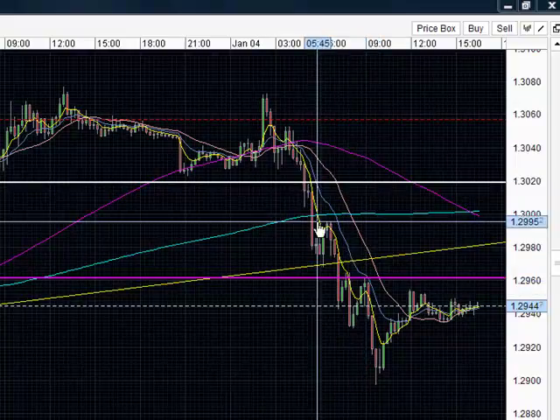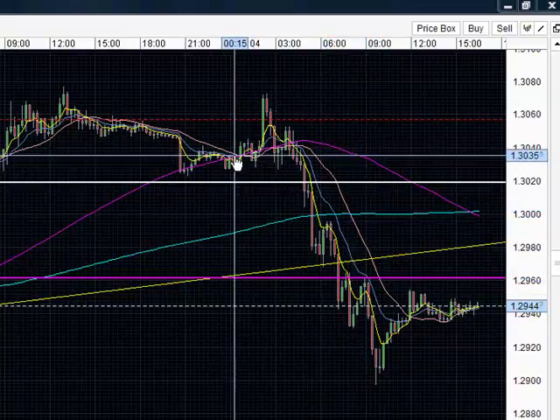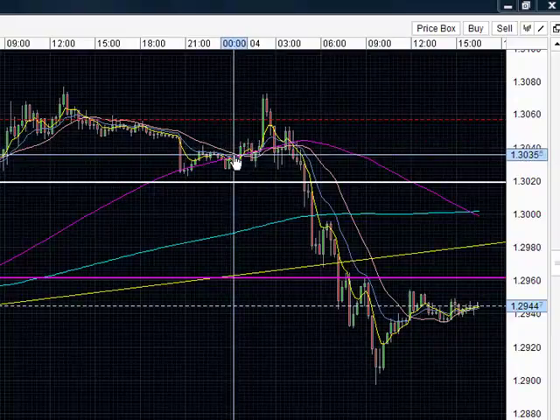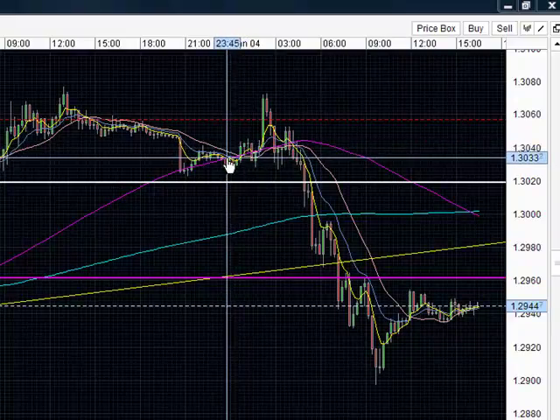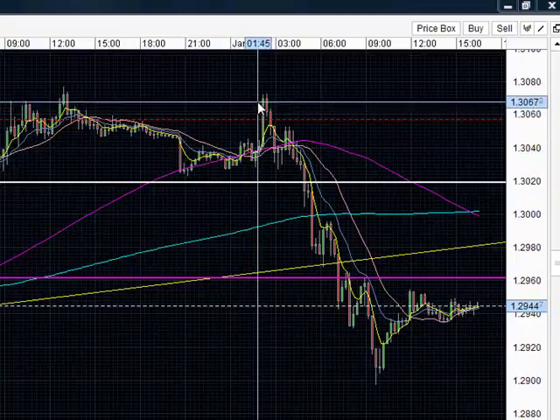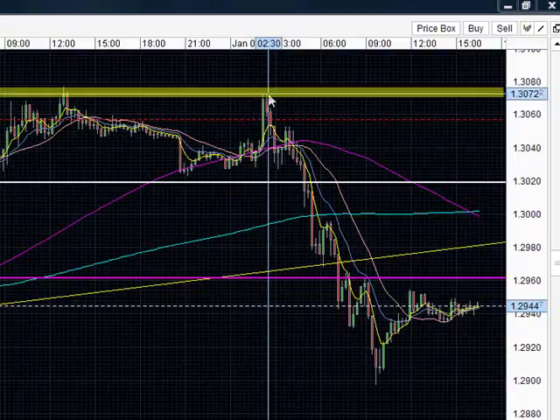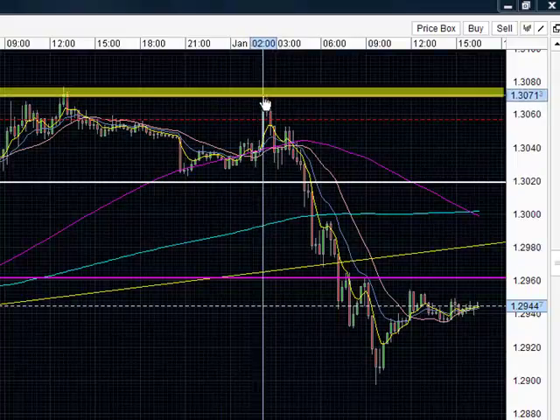Now, if you glance back at the late Asian session, where my cursor is around this area, prior to the London Open, we can see that price rallied and attempted to test this 3070 zone, or this 3072 resistance area, and it failed to break through.